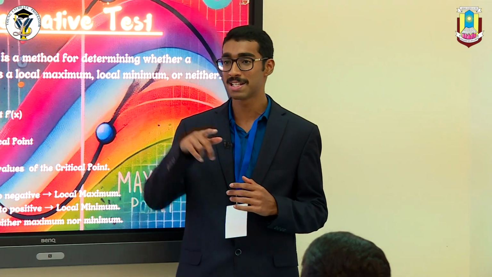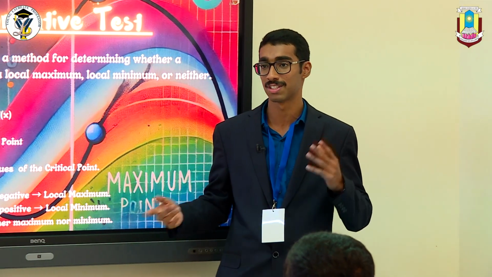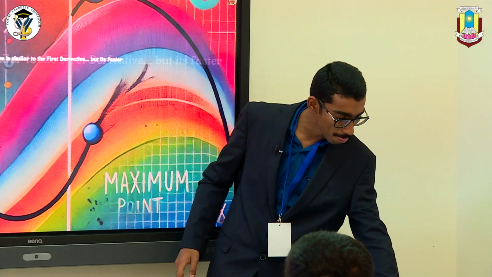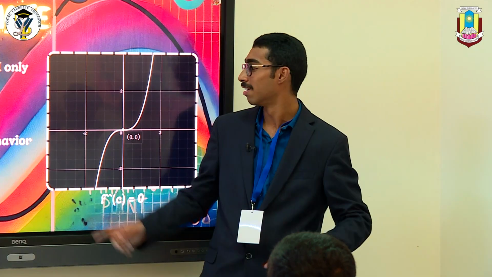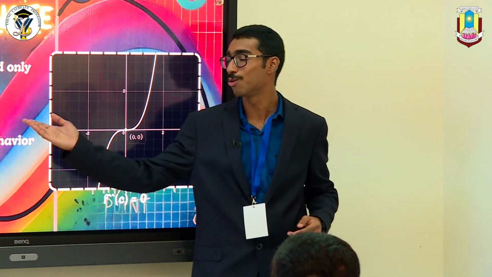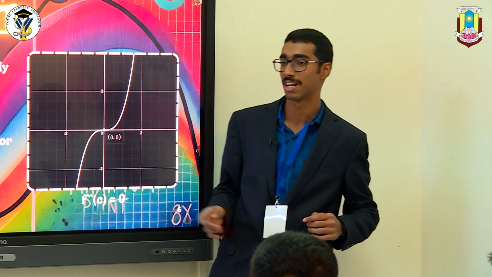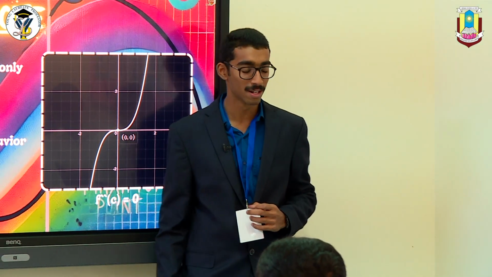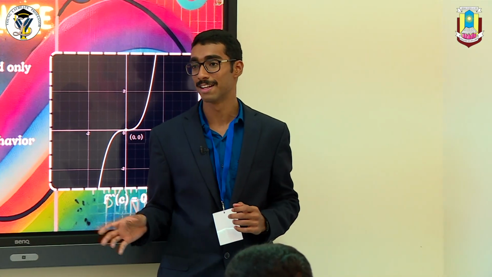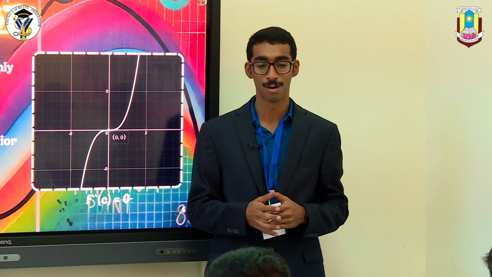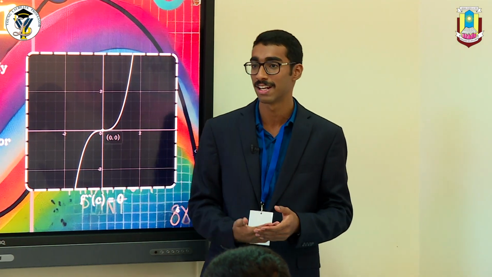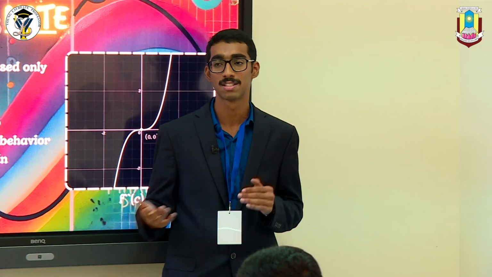Before that, only by seeing a graph, you can find out if the function is undefined. As in the example which I gave here, this is an undefined function. If you see the graph, you don't need to use any of the methods. You can say this function is undefined because it's just going up. There's no maximum or minimum. But if they give you a function like x square minus 2x, you can't just say this is an undefined function. You need to solve it using the first derivative and second derivative, and then you can find out if this is undefined or not.